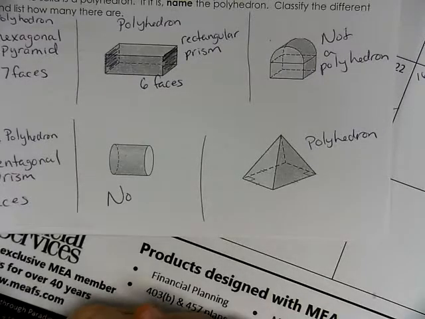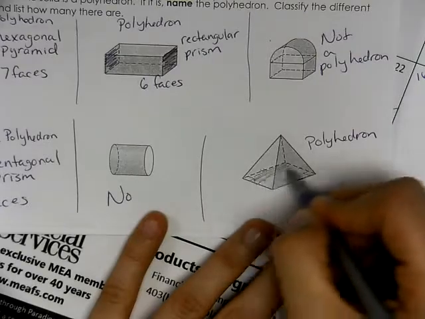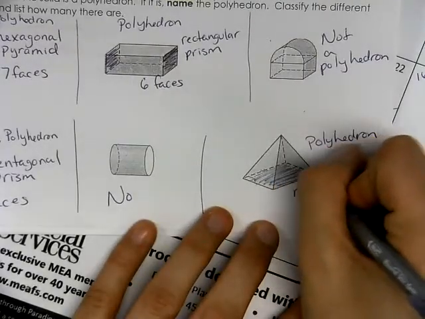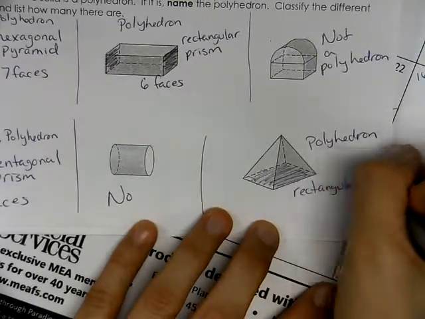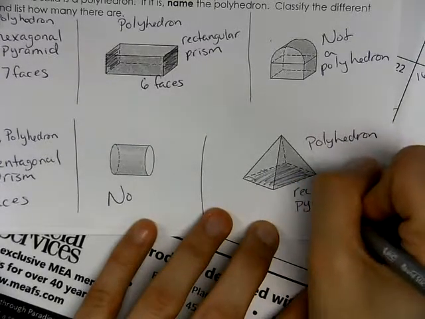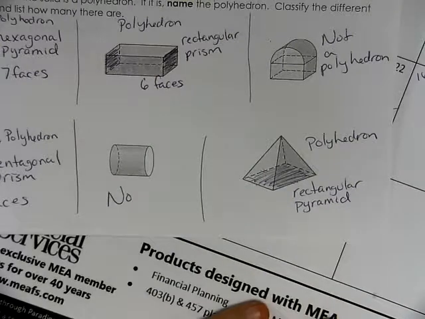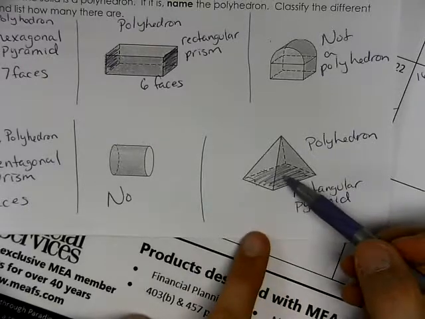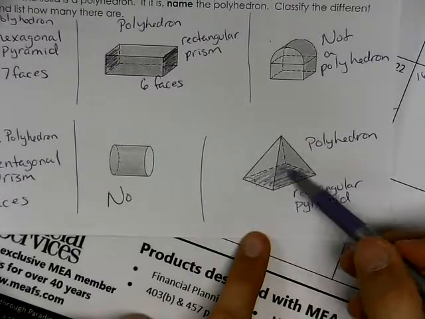No. Yeah, the base is this bottom, Aaron. Is this rectangle. So we call it a rectangular pyramid. Okay, you can't just say prism or pyramid. You got to give me 2 words. So how many faces does it have? 1, 2, 3, 4, 5.